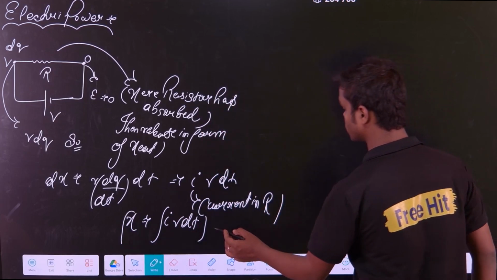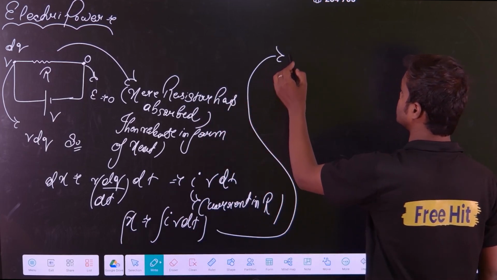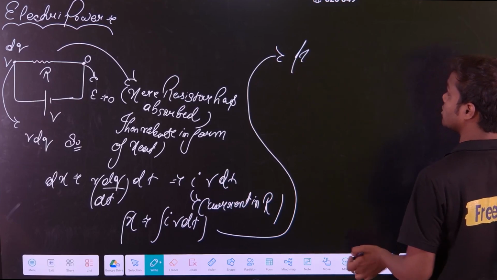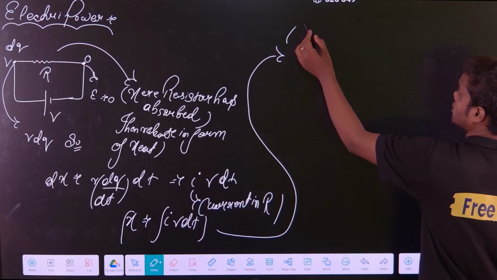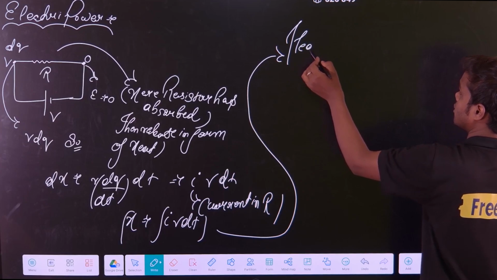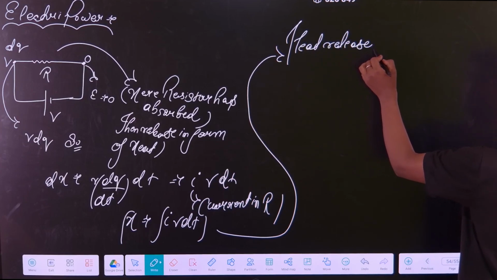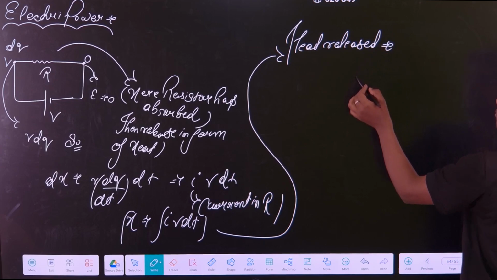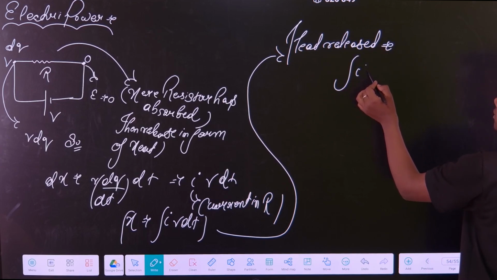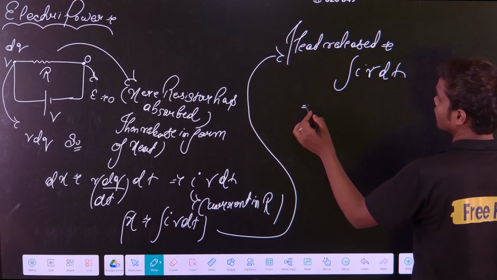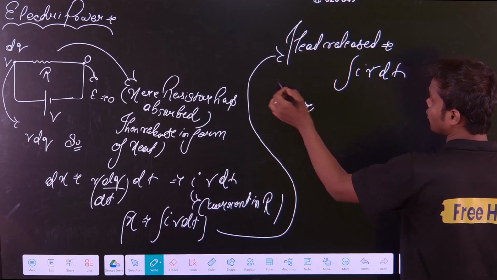So let me write it here. The heat released will be the integration of I V dt. This is for a resistor I am writing.